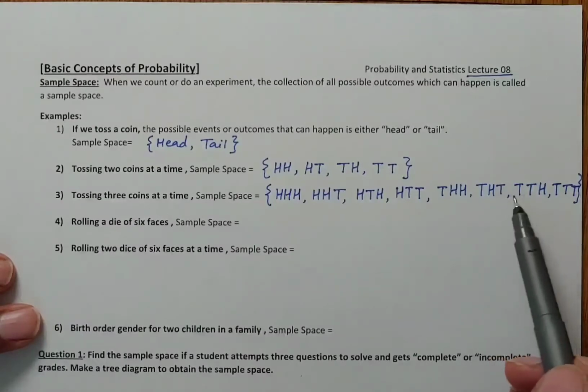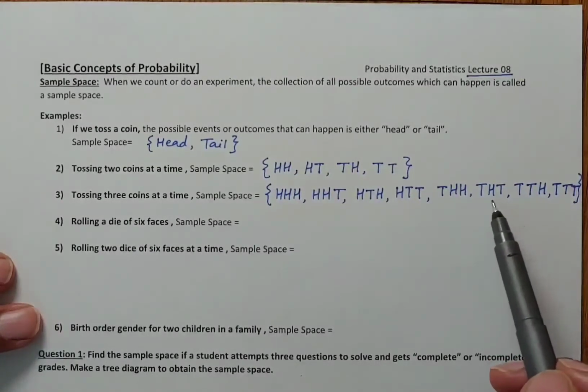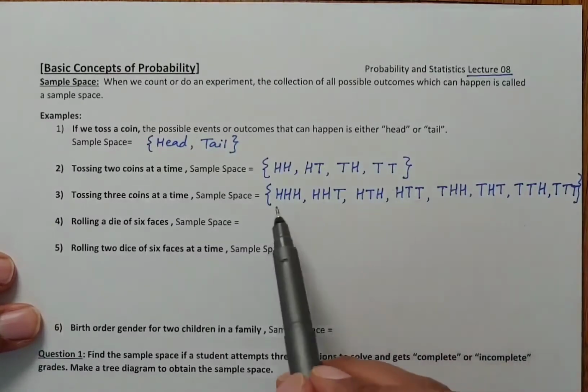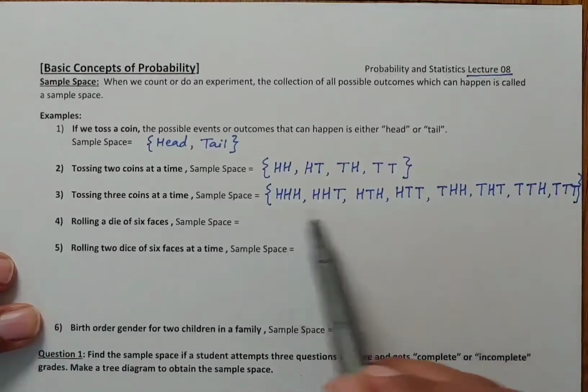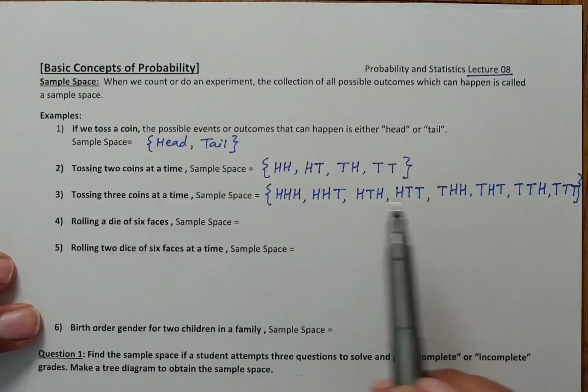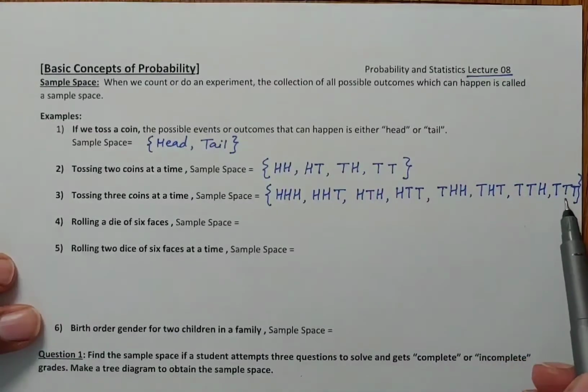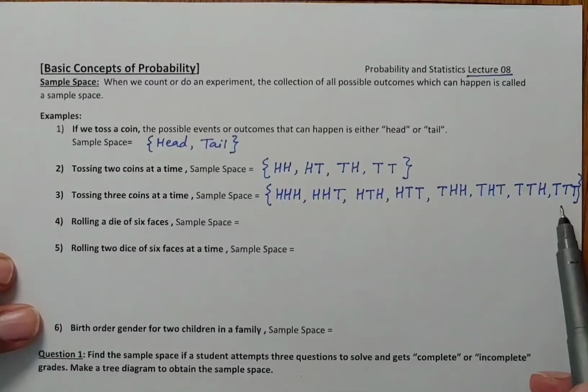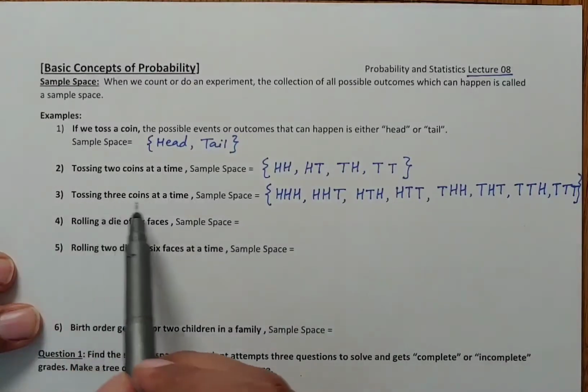So these are considered different outcomes. When you toss three coins, you get these outcomes which are different from each other, and in total there are 8 possible outcomes.